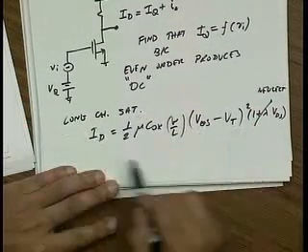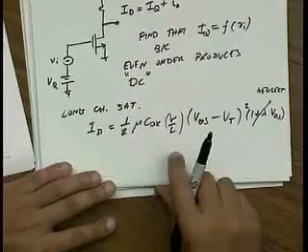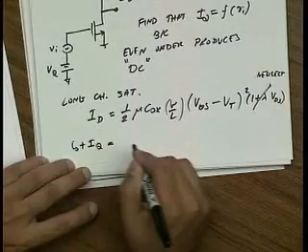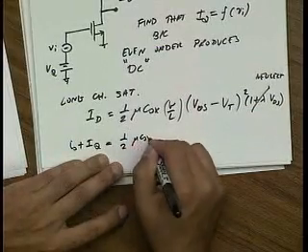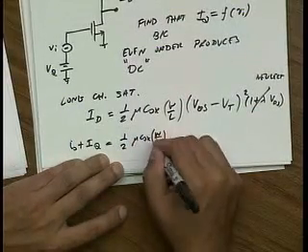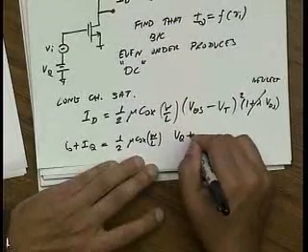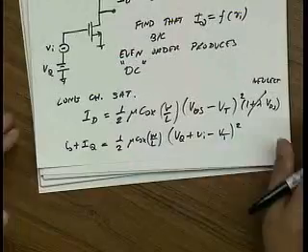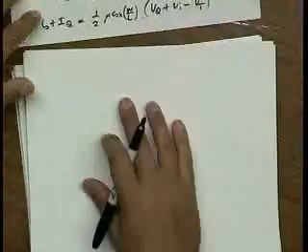So focusing on these terms here, I have an output plus a DC current, 1/2 mu Cox W over L, VQ plus V input minus VT squared.